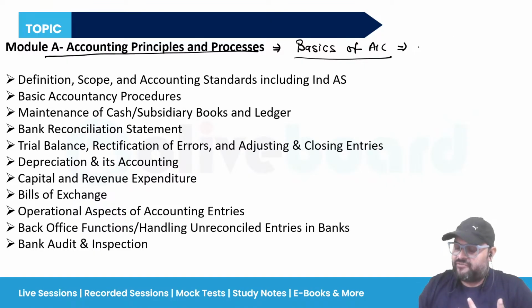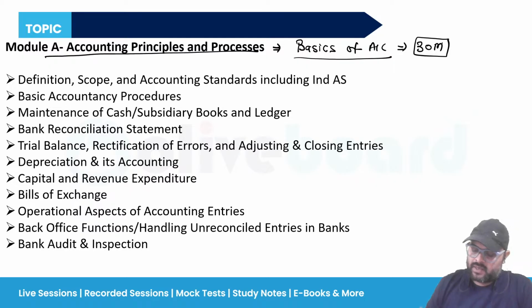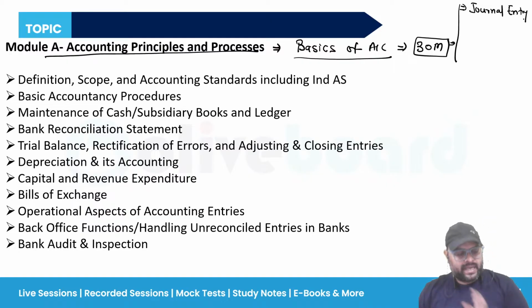The weightage of this module is around 30 marks, and there are topics which are highly focused on making journal entries. So journal entry related questions, the highest number, will come from this particular module.